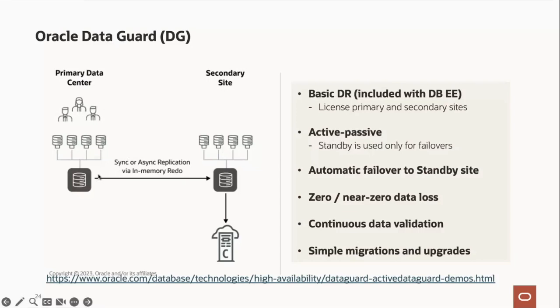What's going to happen is a listener is going to see that the connections are not being taken by the primary database. It is then going to fail over to the secondary site, which will now become the primary site. It will be a read-write database now, and it will take all of the connections.